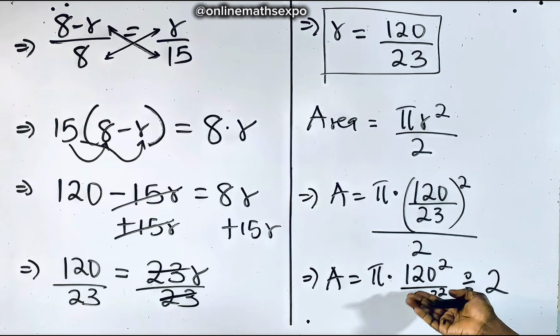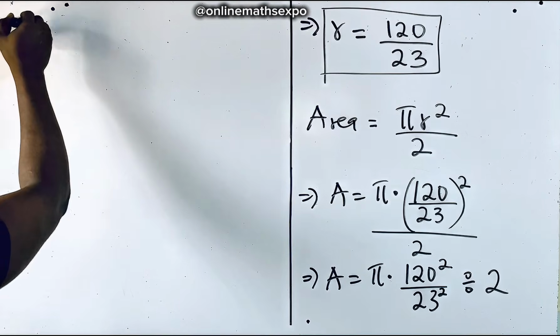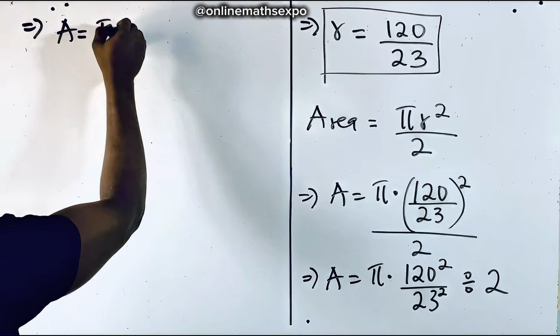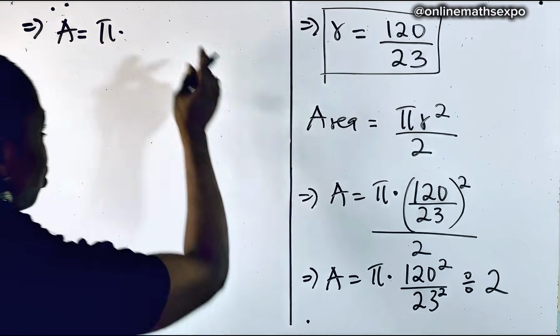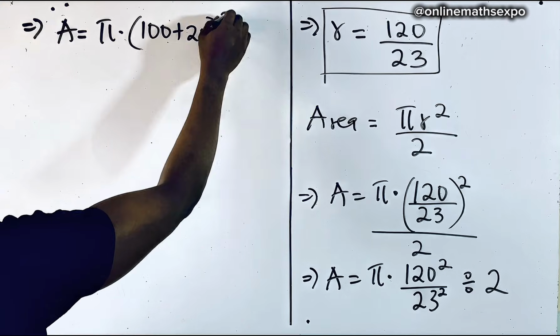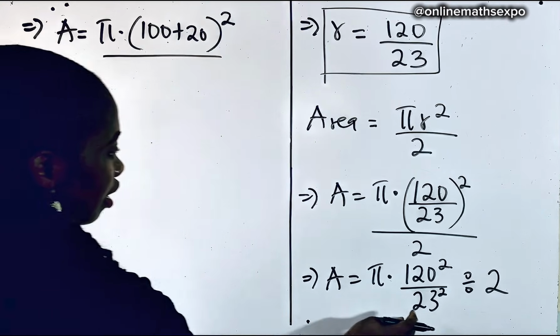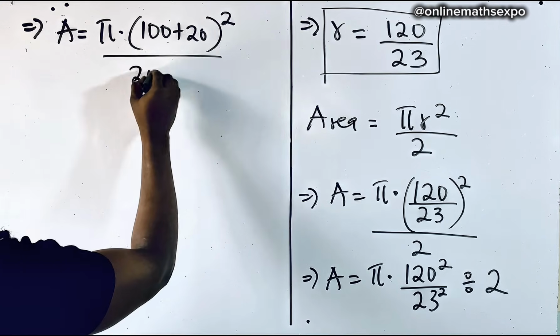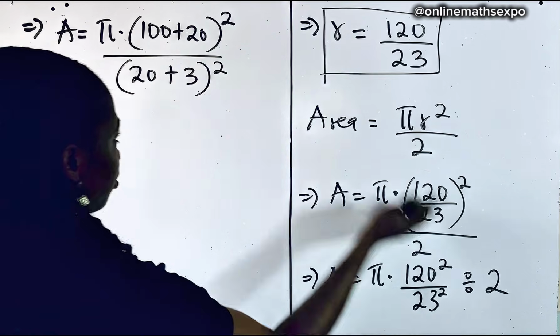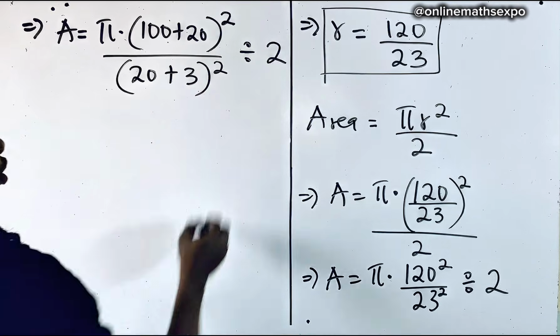So let me show you how to do this without using a calculator. From here, we now have area is equal to pi multiplied by 120, which is the same as 100 add 20, then you square it, divided by 23, which is the same as 20 plus 3, and then you square it. Remember, we are dividing by 2. So what do you do?